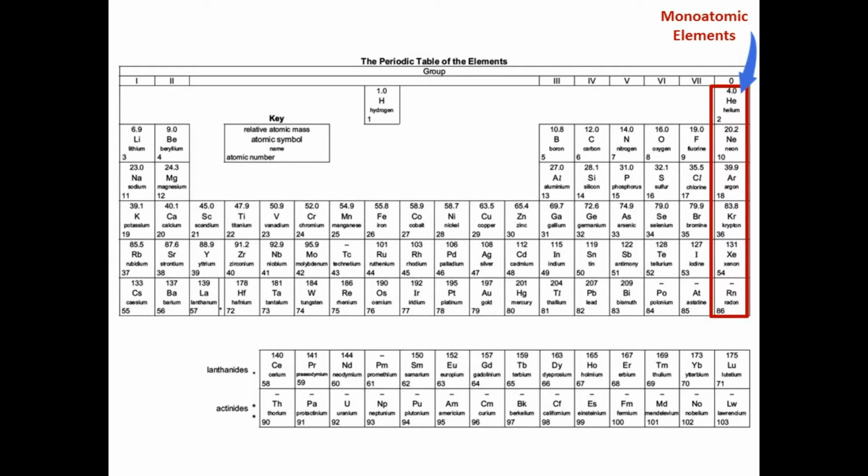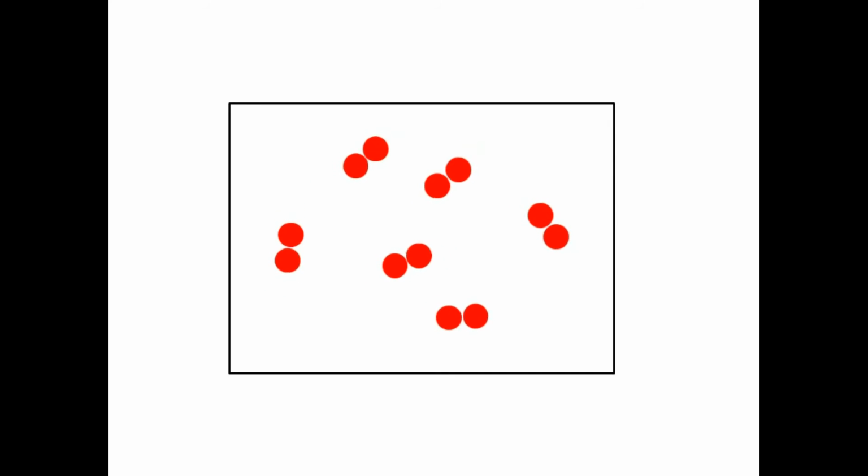In the periodic table, the elements in group 0 are monoatomic elements. Mono means one, and monoatomic elements are elements that are stable as single atoms.